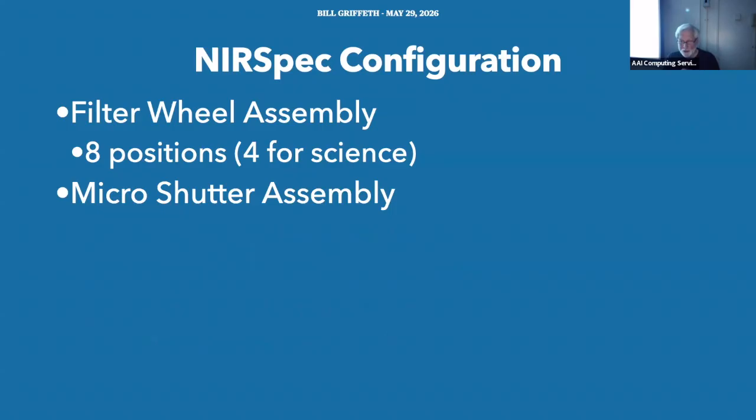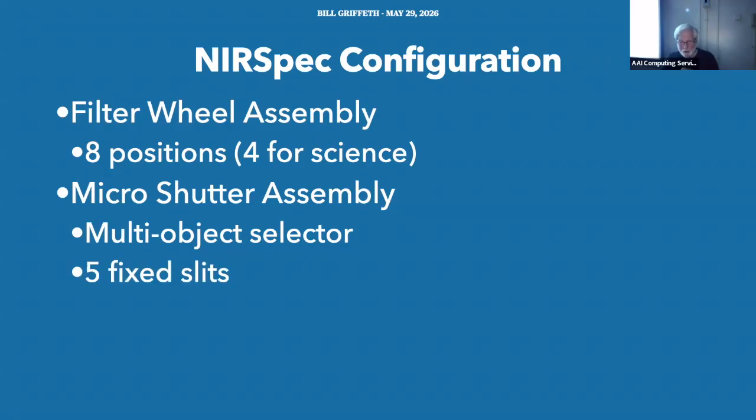The micro shutter assembly contains 3 types of selectors: a multi-object selector of 250,000 tiny shutters, computer controlled, that allow 100 spectra to be recorded at one time. Second, the micro shutter assembly has 5 fixed slits that can be picked.